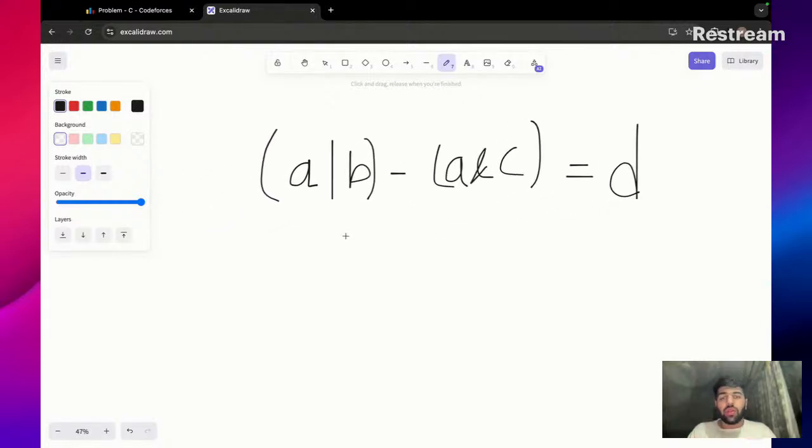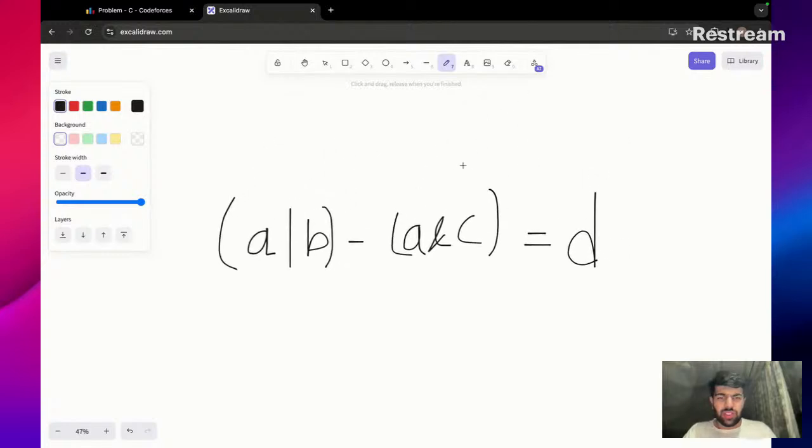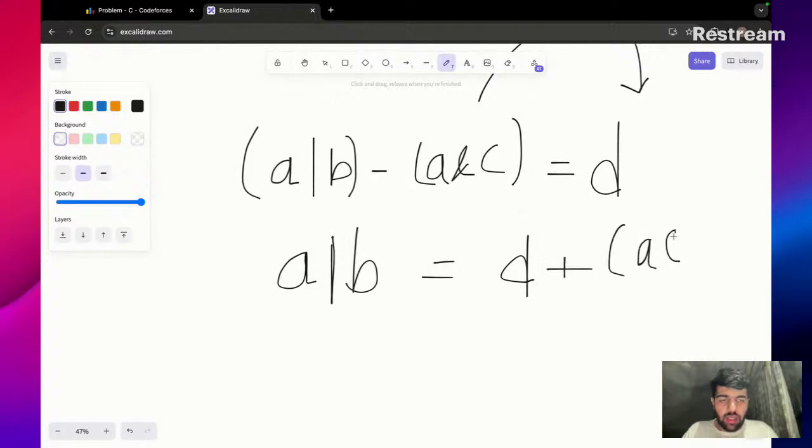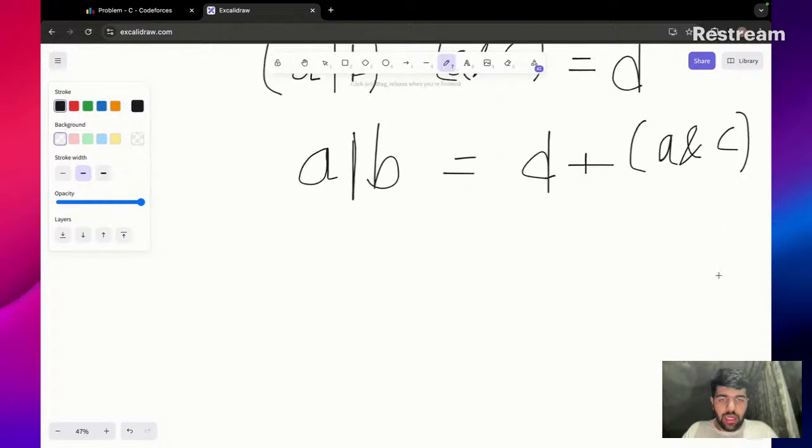So what we can do is just switch this over and make test cases. Now I have A or B has to be equal to D plus A and C, right?